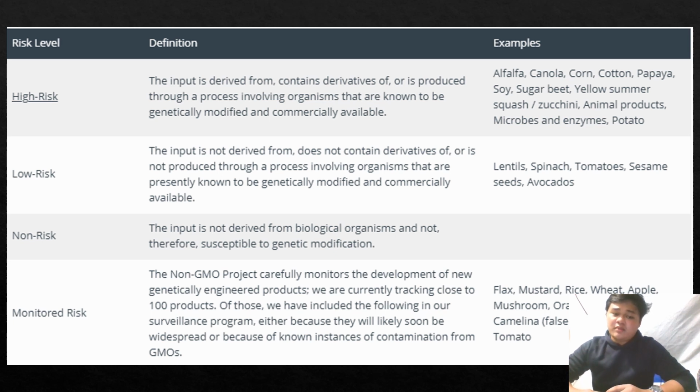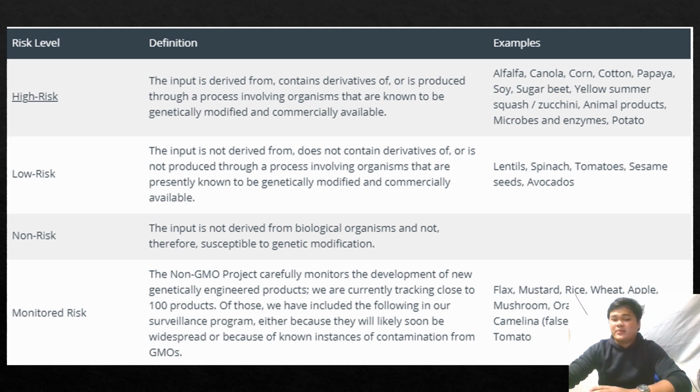The Non-GMO Project carefully monitors the development of new genetically engineered products. We are currently tracking over 100 products. For those, we have included the following in the surveillance program, either because they are likely soon to be widespread, or because of known instances of contamination from GMOs.